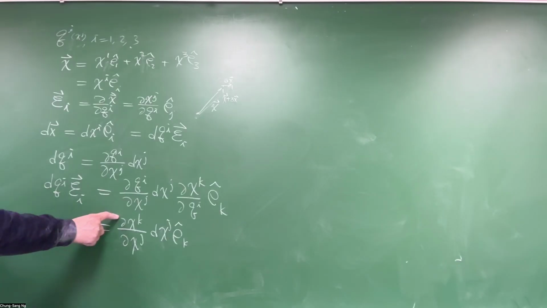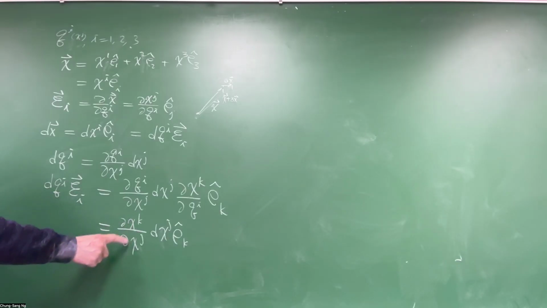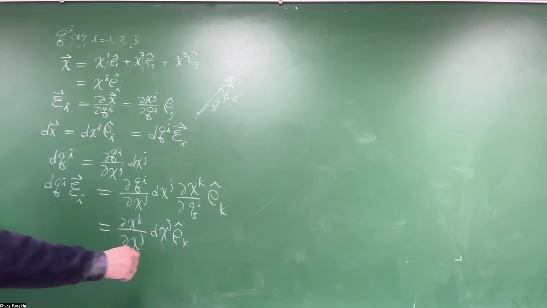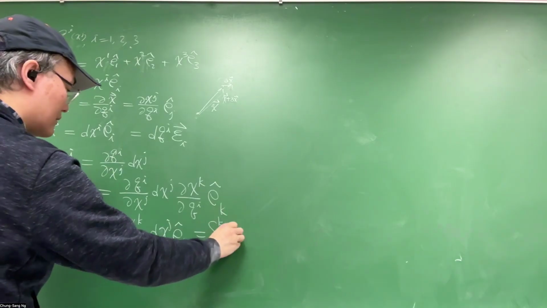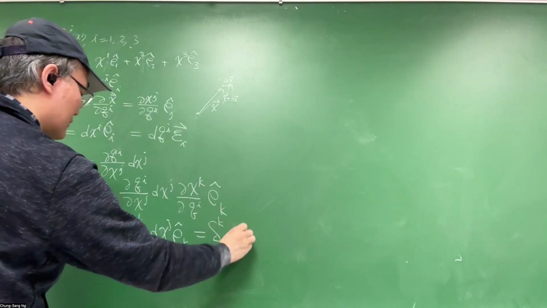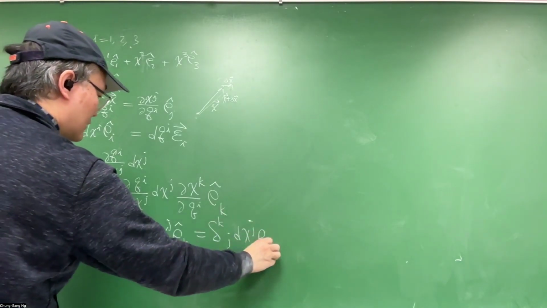And you know that these are Cartesian coordinates, so this derivative is just the Kronecker delta, delta_kj.